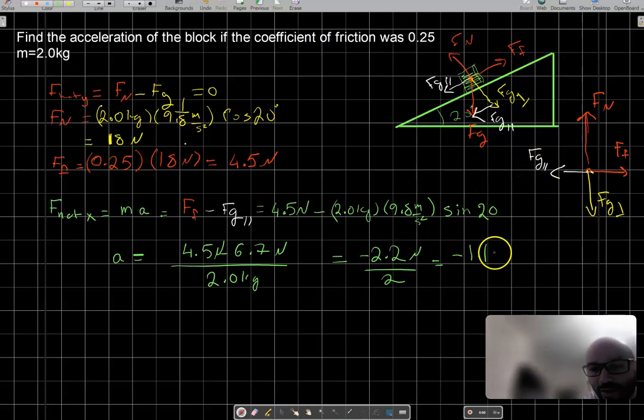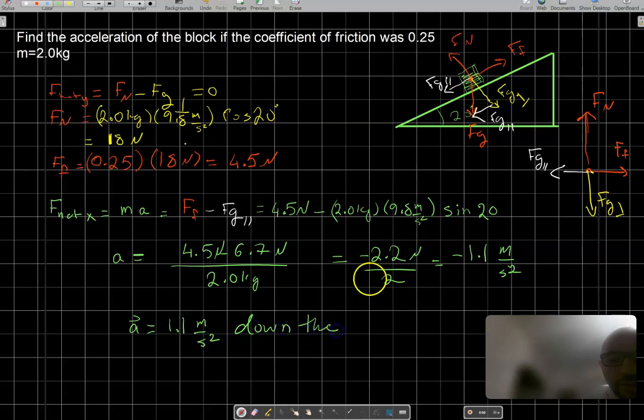And that's surprising. Or you can say the acceleration is 1.1 meters per second squared down the incline. That's it.